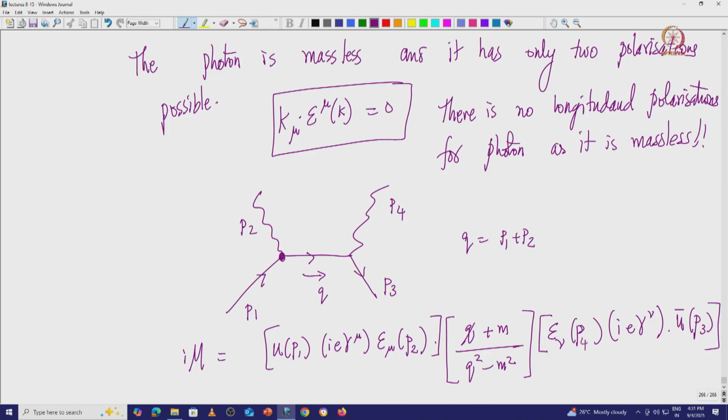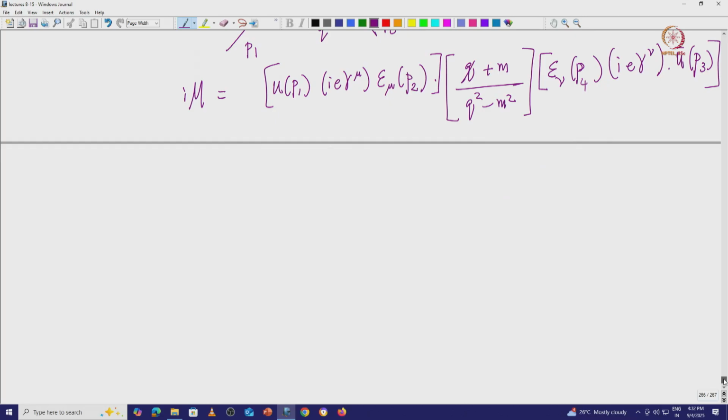So, this has to be your total amplitude for one diagram. Now, you have to put in q is equal to P1 plus P2 into this, and that gives me one amplitude, the amplitude of the diagram.